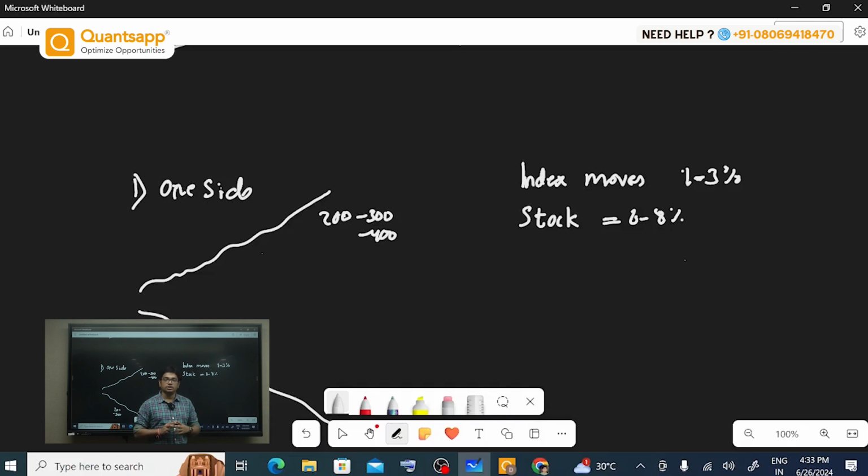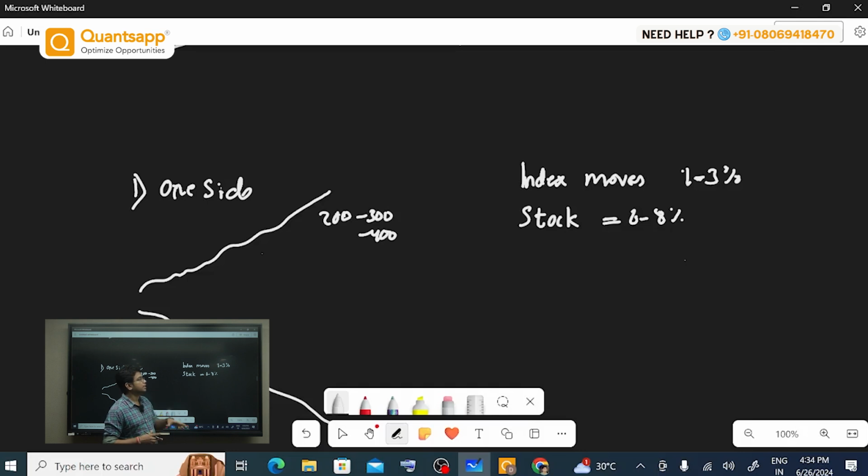The most important reason for the difference between index and stocks is implied volatility, which differs in the stocks. The second thing is the theta factor. If you compare time decay in stock and index, time decay is more in index and less in stock, because stocks consider monthly expiry while most people who trade index consider weekly expiry. So if the index moves 1 to 3%, the stock will give you a 6 to 8% move.